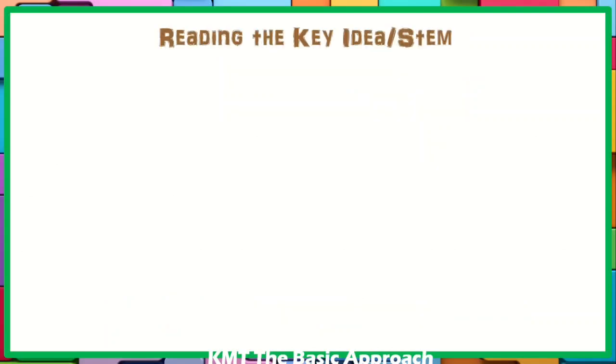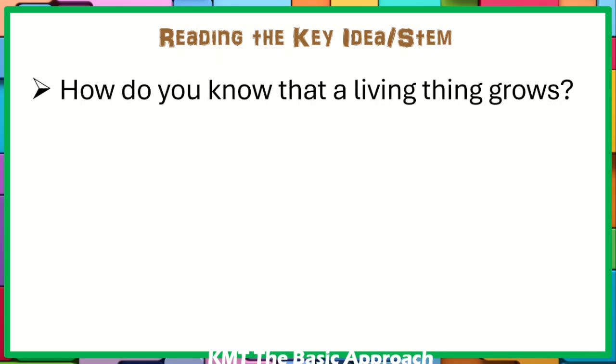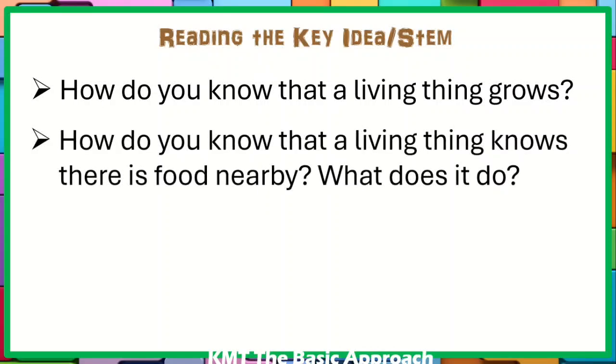Reading the key idea or STEM. How do you know that a living thing grows? How do you know that a living thing knows there is food nearby? What does it do?